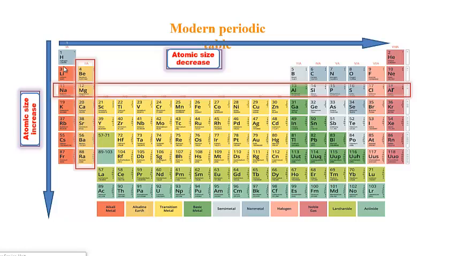I said before, you must focus on the direction of the atomic size. I said before, the atomic size will decrease from left to right. But in the question, I asked you about the atomic size increasing from right to left.